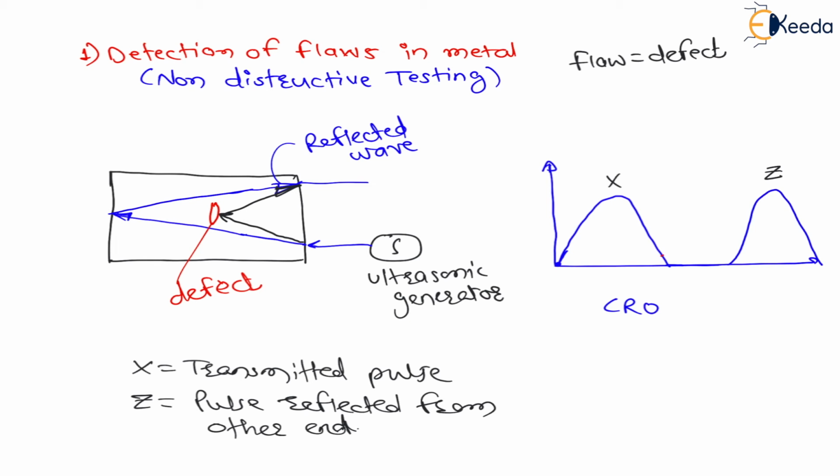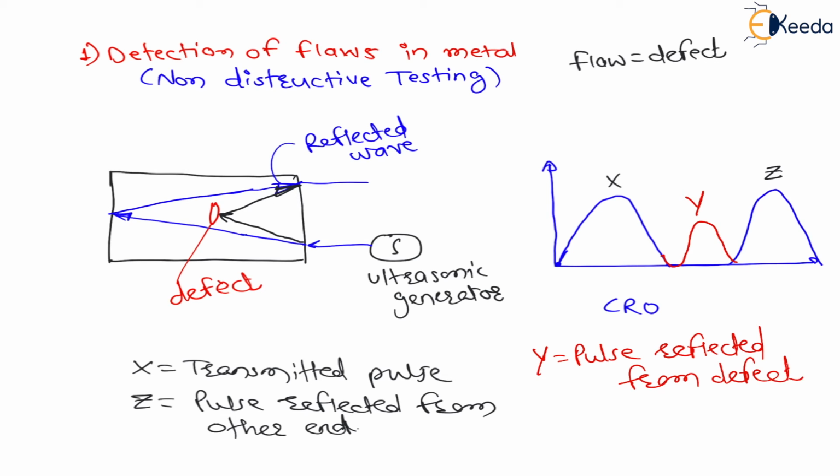Therefore, from X, let us say this Y is the pulse reflected from the defect. It will reflect in a very short duration of time. On this axis is time.